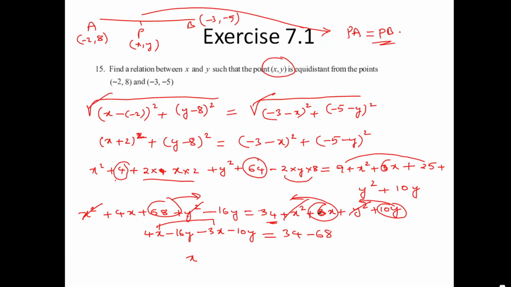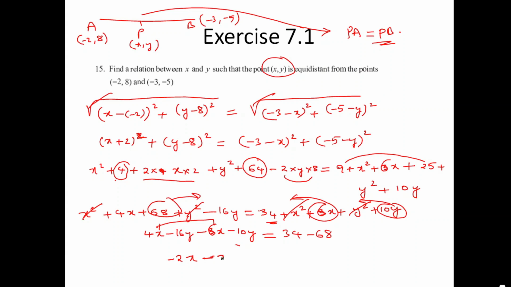So that's just 6x. Now shifting this 6x to the other side, you are left with minus 2x. Let me check the y variables also. Here we are having the y variable, and here this is 25y, 10y. So the y variable is what? Yeah, everything is correct.